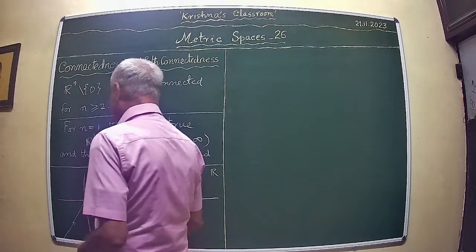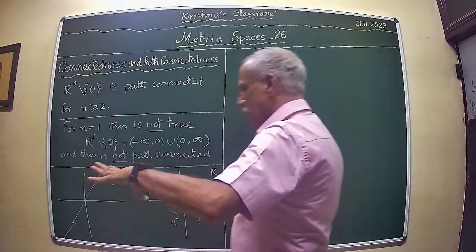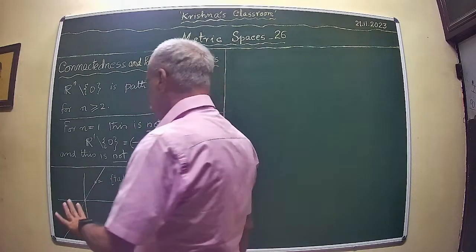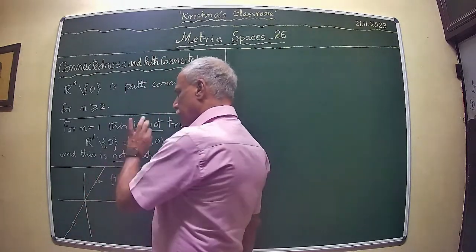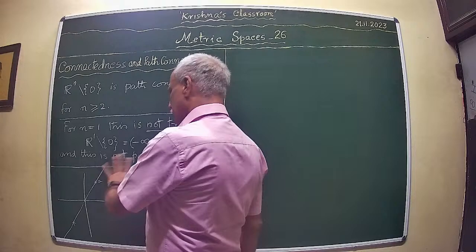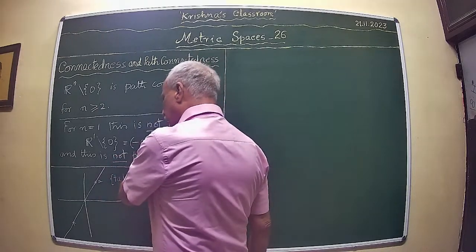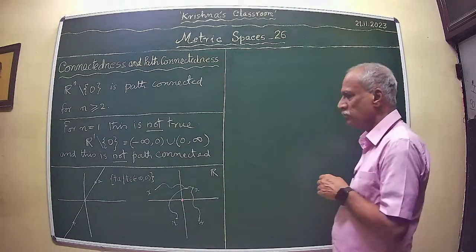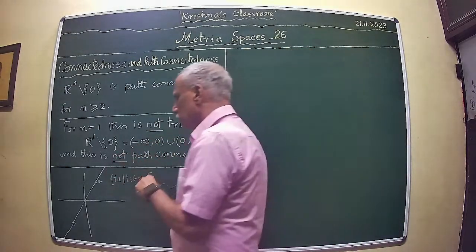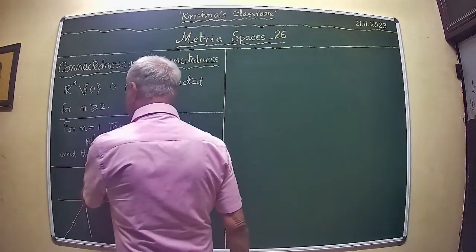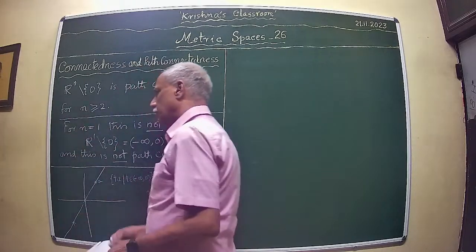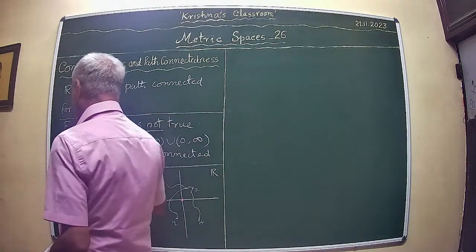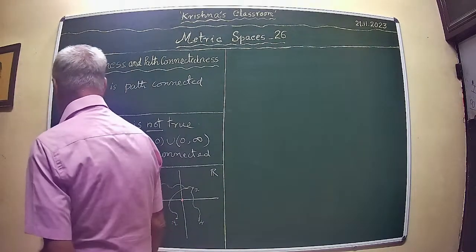So to show that this R2 is path connected, all that you need is to pick some A and show that it is path connected to every other element of that space. So any x that you choose, A can be path connected to x. That is what you want. And these are the things which are not accessible through the straight line segment.